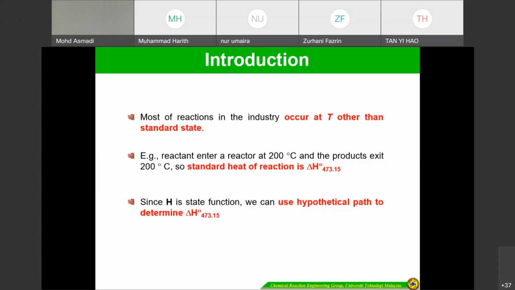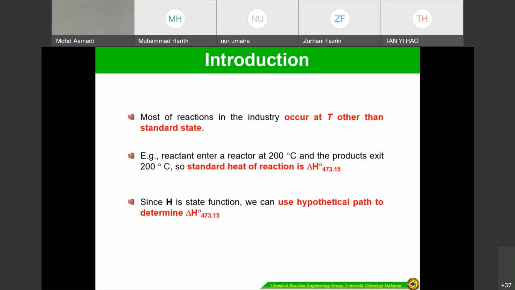If high temperature, the volume is going to be proportional with the pressure, so it's going to increase the pressure. For example, the reactant enters the reactor at 200 degrees C and the product exits at 200 degrees C, or maybe a little lower or higher. So the standard delta H not is at 473.15 Kelvin, so you have to calculate at 200 degrees C.